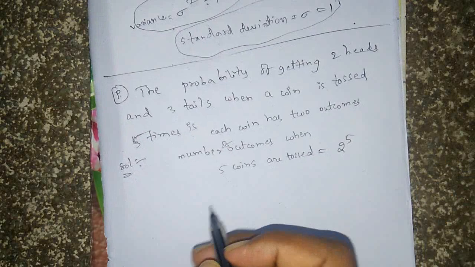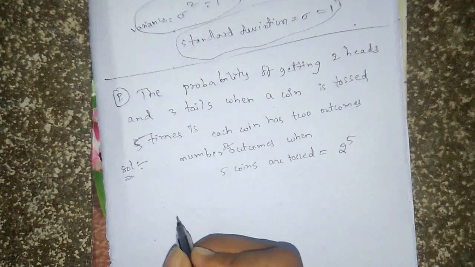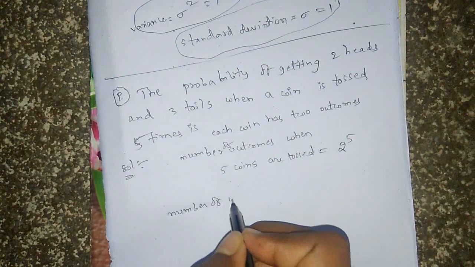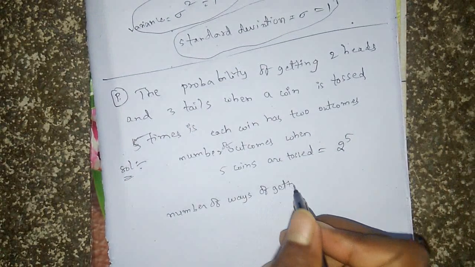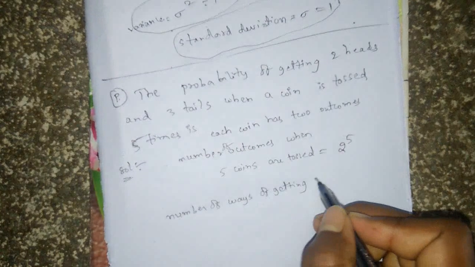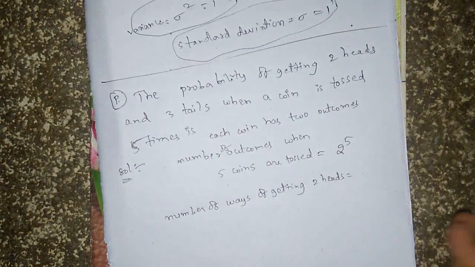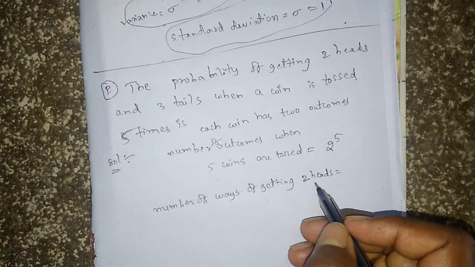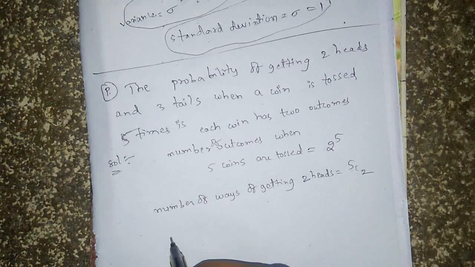So next we need the number of ways of getting 2 heads and 3 tails. If we get only 2 heads, obviously the remaining 3 will be tails. So out of these 5 trials, we need only 2 heads, that is 5c2 is the number of ways.